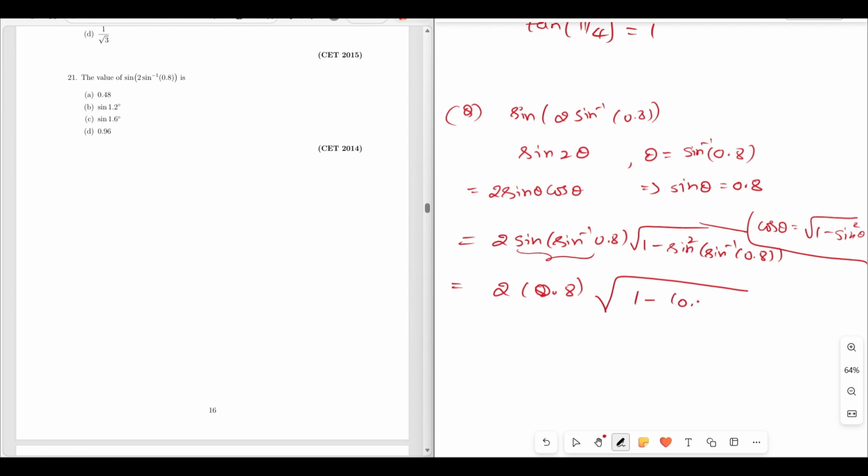So this will be 0.8 whole square. So 2 into 0.8 will give you 1.6 root of 1 minus 0.64. So this is 1.6 root of 0.36.